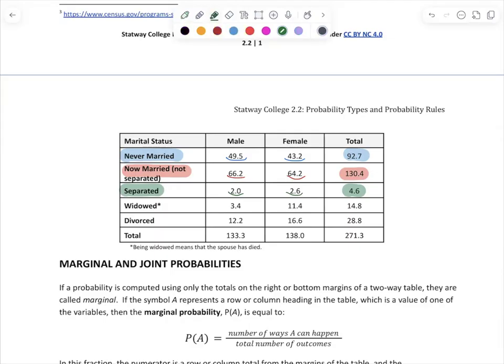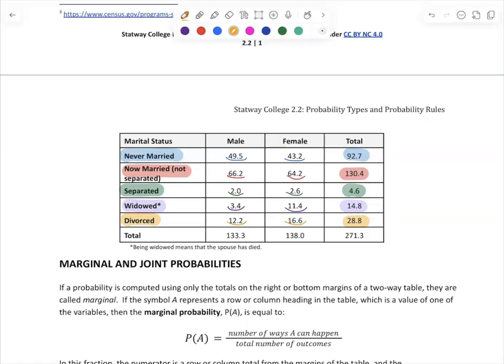The number of folks who are widowed is in total 14.8, which is divided up into 3.4 male and 11.4 female. And finally, the number of divorced people, as we saw before, is 28.8, which is divided up into 12.2 male and 16.6 female.